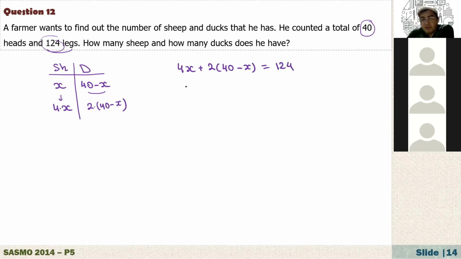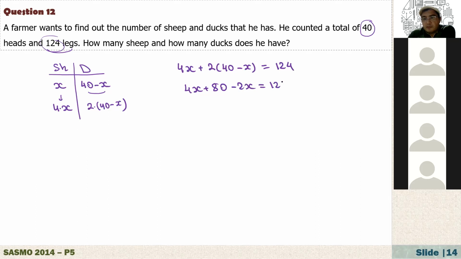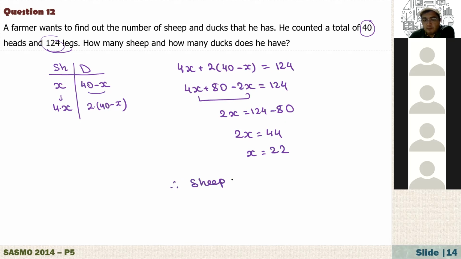Very good. So now if you expand this, 4X plus... can I say the answer? Yes. Sheep is 22 and ducks 18.